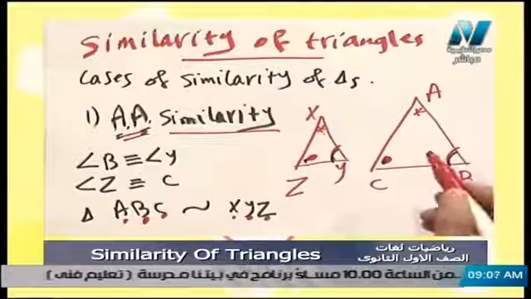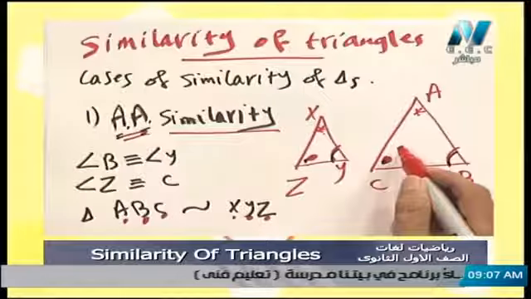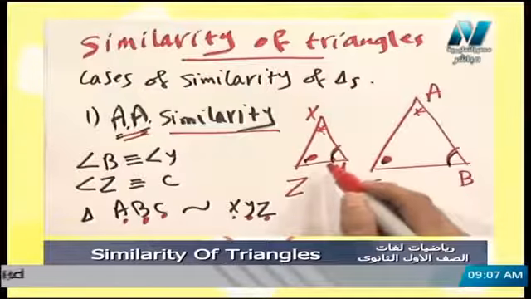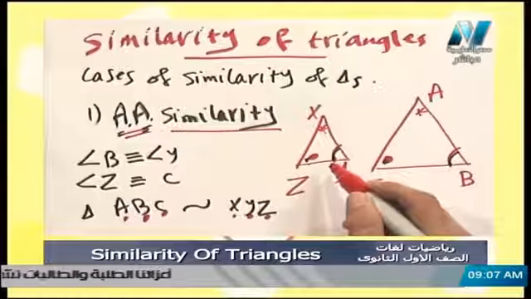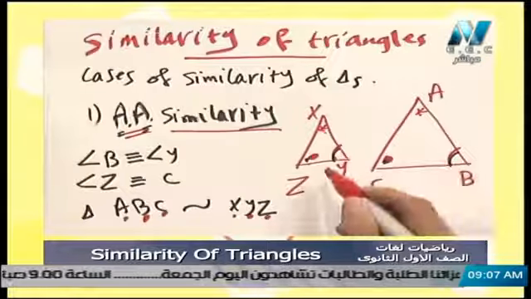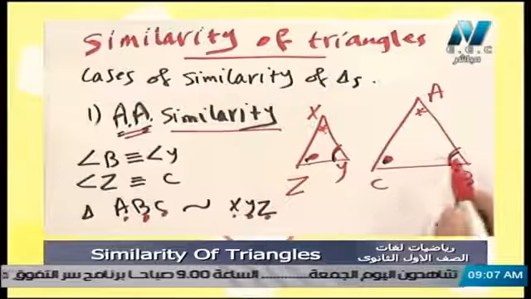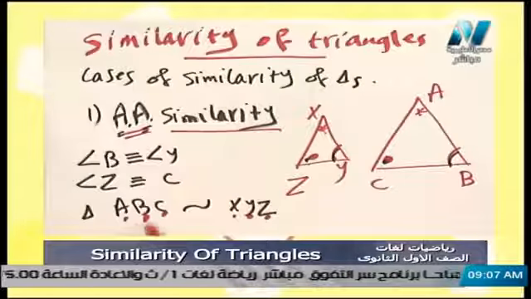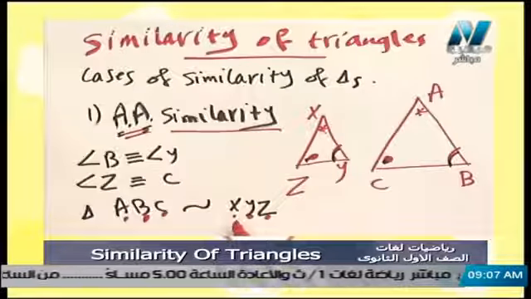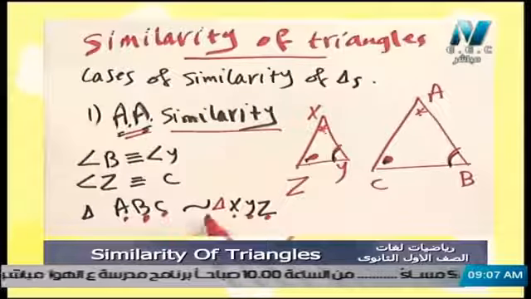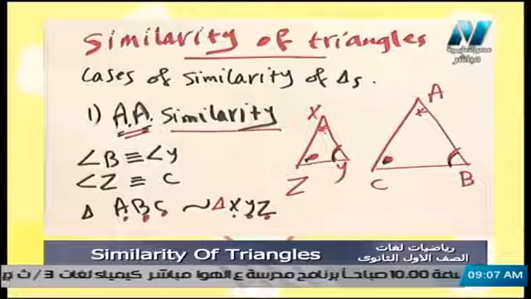It is not necessary to say here that the second condition is each two corresponding sides are proportional, like quadrats, like polygons, because in triangles we have the first case, just two angles equal two angles, and we can say that the two triangles here are similar. The triangle ABC is similar to triangle XYZ.